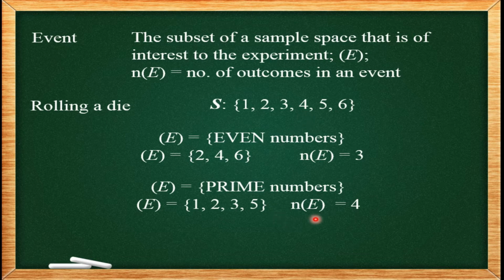And our N of E is equal to 4. I hope the concept of event is already clear. Did you get a good grasp of what the terms are? Very good. All the terms are interrelated. We will be using them in the next part of our lesson.